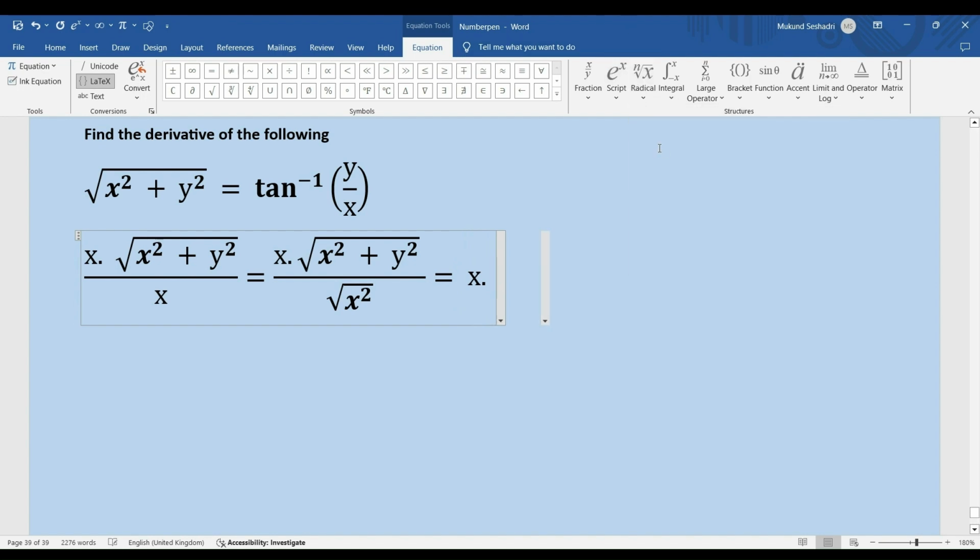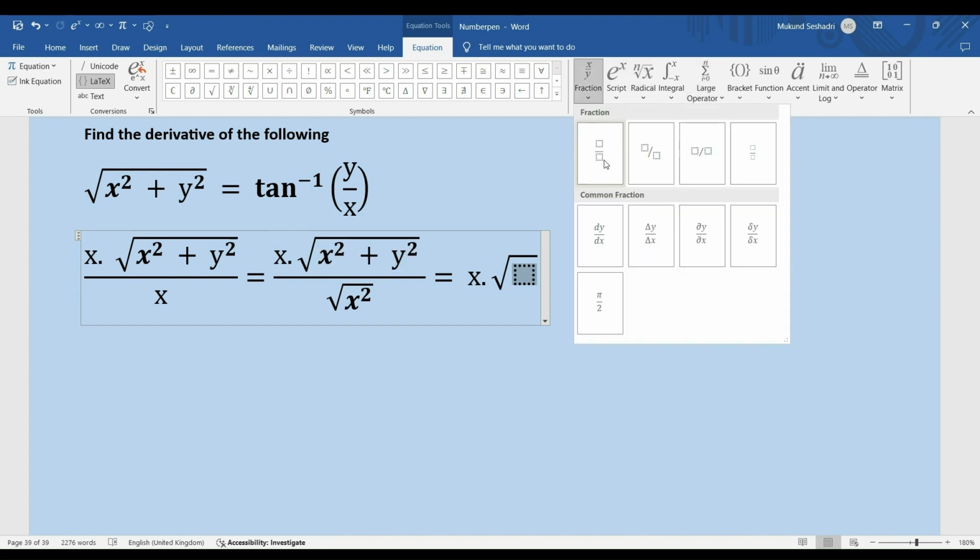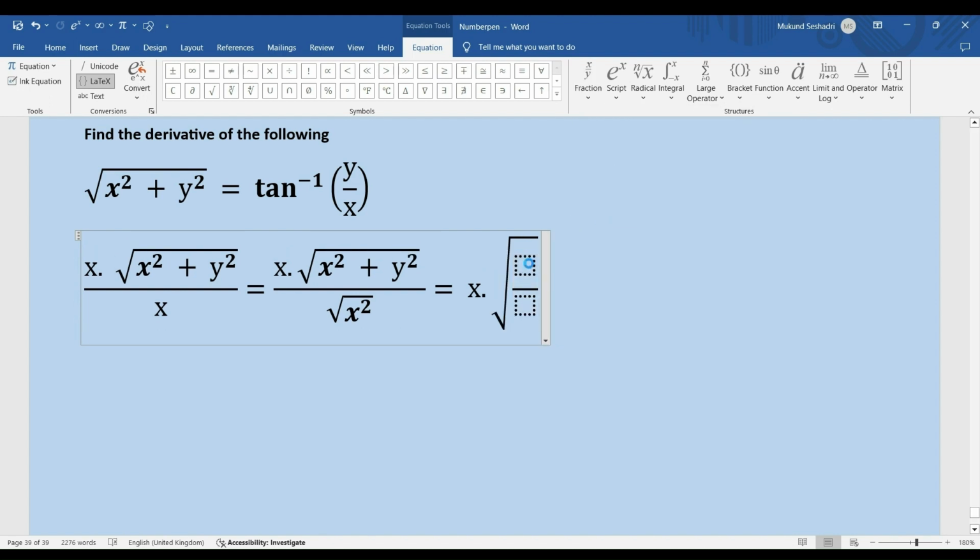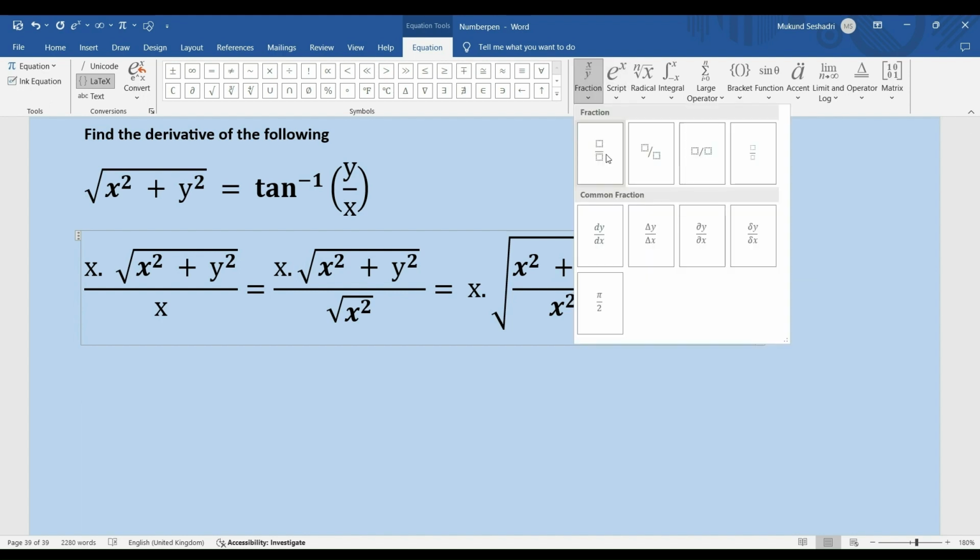I open my square root and I can write this expression as x square plus y square divided by x square, right? So x square plus y square divided by x square, right? Which can further be written as x times square root of, again, I have a 1 plus y by x the whole square.